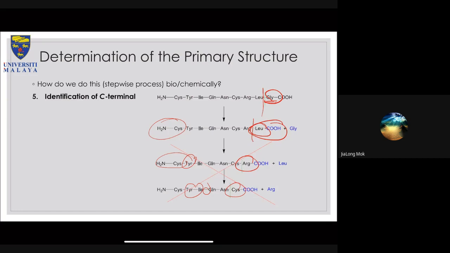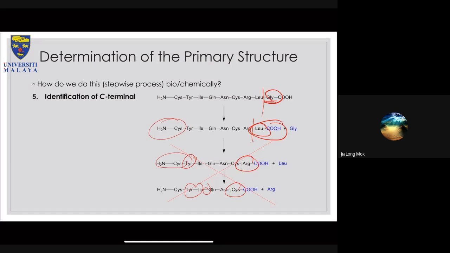Therefore, you can easily identify without any doubt, this is this, that is that. So the C terminal is still okay. You can still use it, but you need to do a fine control to know whether the sequence is correct or not.